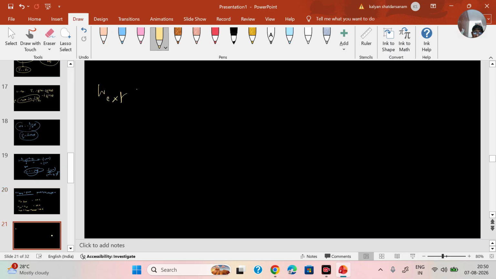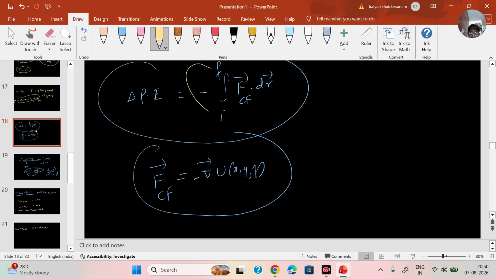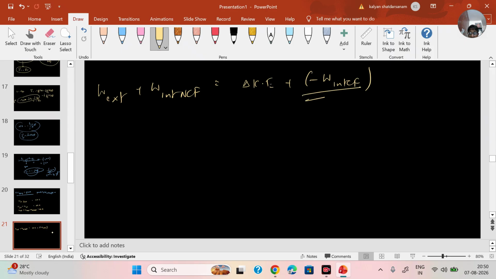Work done by external plus work done by internal non-conservative will become change in kinetic energy plus negative of work done by internal conservative force. We just now saw negative of work done by internal conservative force. This one is change in potential energy. So we can write this as change in potential energy.